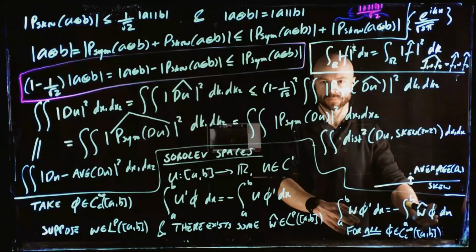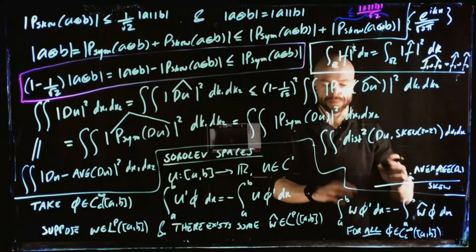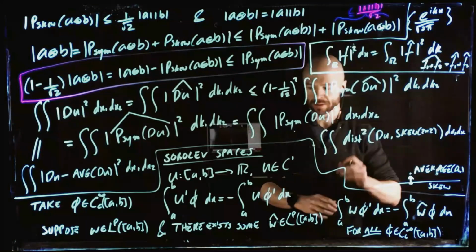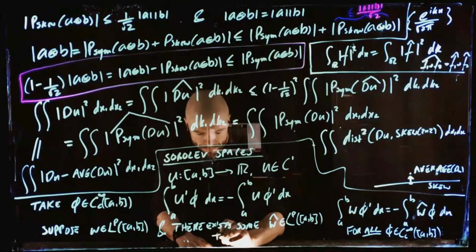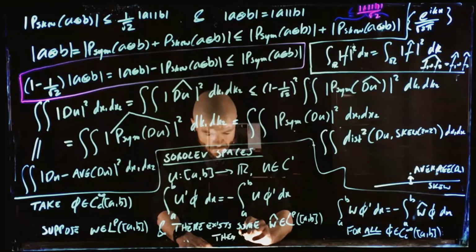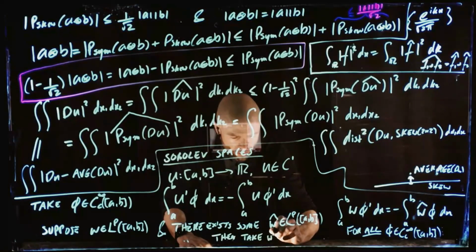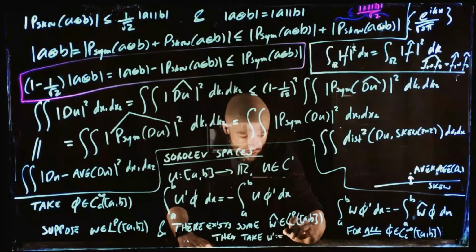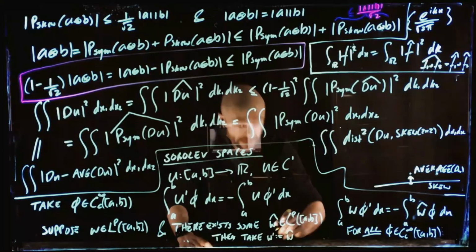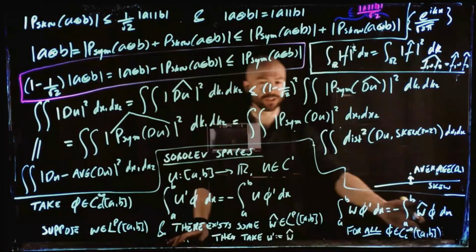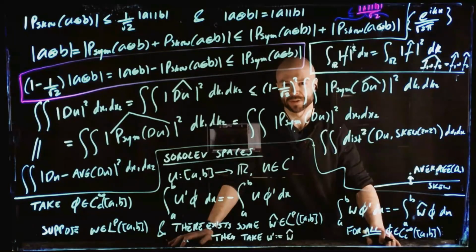And that is what we call the derivative. Then take W prime to be defined to equal W hat. So the derivative is defined to be this L^p function for which this holds true for every single test function.